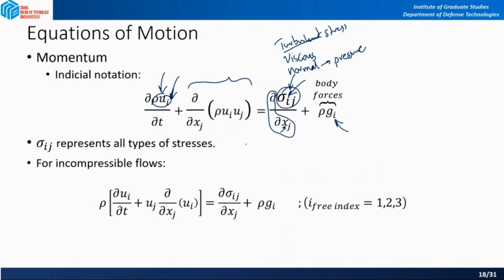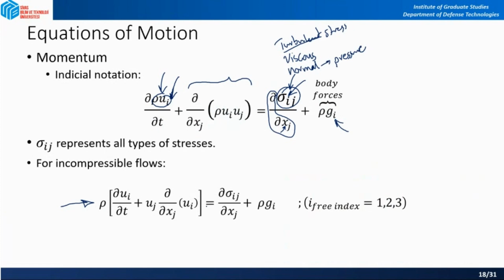For the incompressible flow, when you have a constant density, you can write the momentum equation like what we write in here. So rho times dui over dt plus uj times dui over dxj is equal to d dxj of sigma ij plus rho gi.